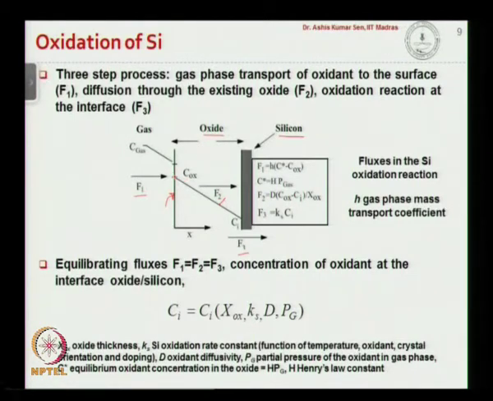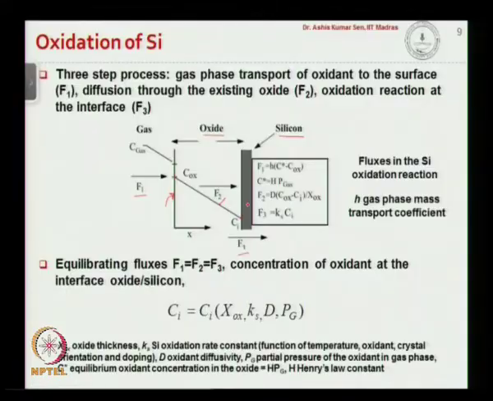Say this is the concentration of oxidant on the top surface, and the oxidant concentration will reduce to Ci on the top of the silicon. The third step is the oxidation reaction at the interface.